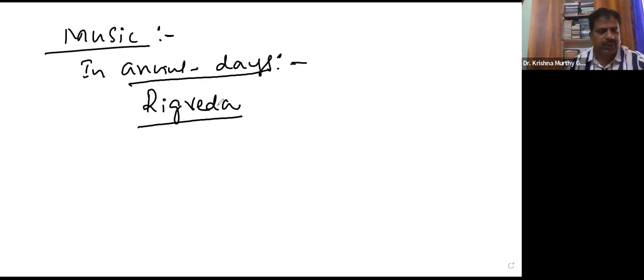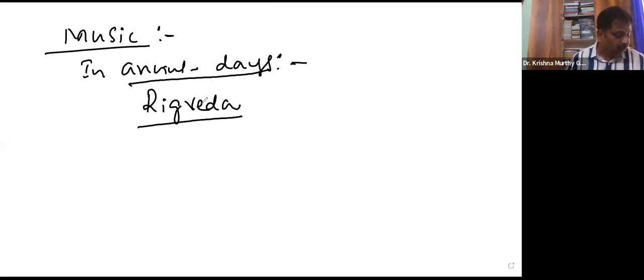The earliest evidence about Indian music and dance is the Rig Veda, because it contains several important musical aspects.